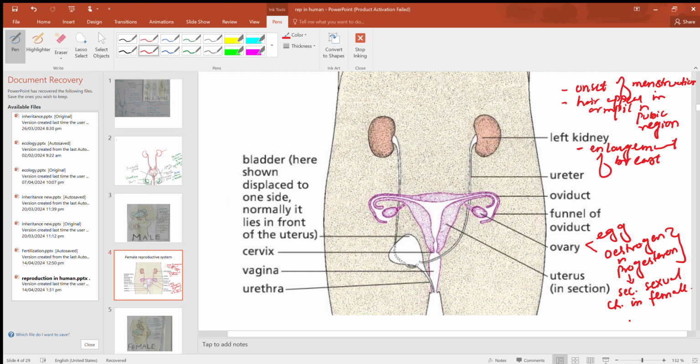Okay, so these are the secondary sexual characteristics in females, and besides that, it releases an egg one at a time from either of the ovaries. Only one egg is released from either of the ovaries once in a month.